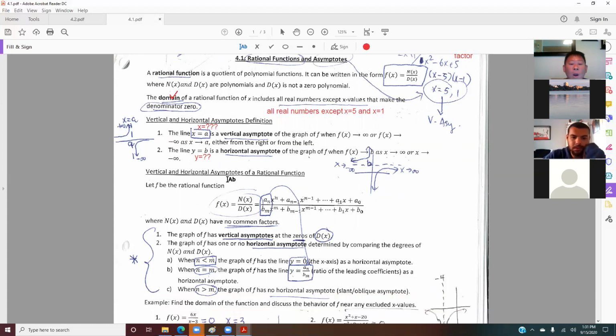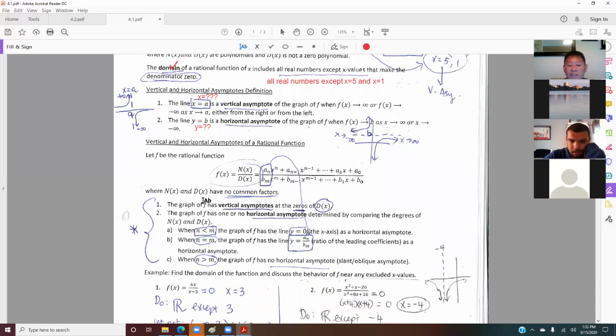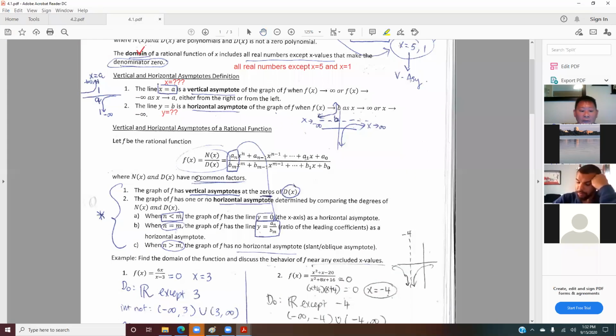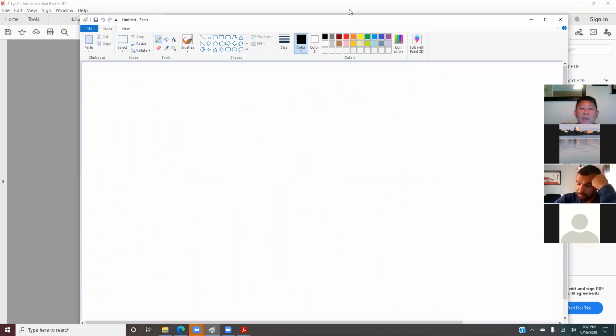Now, when you find the horizontal and vertical asymptote, the first thing you need to know is that it has to have no common factors. What does no common factors mean?